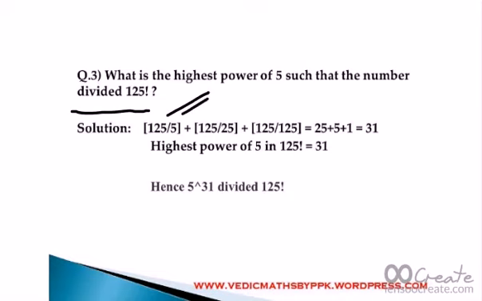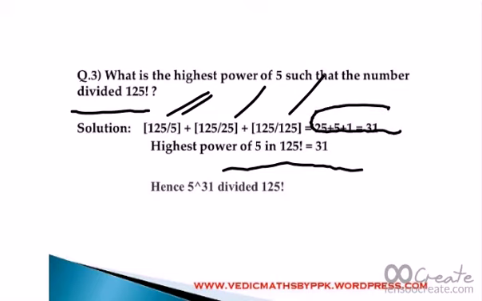This is the other method, but you can also go by the normal method, dividing 125 by 5 and adding the quotients as shown earlier. Adding the quotients, we get 25 plus 5 plus 1, which is equal to 31. Therefore the highest power of 5 that divides the given number 125 factorial is 5 raised to 31.